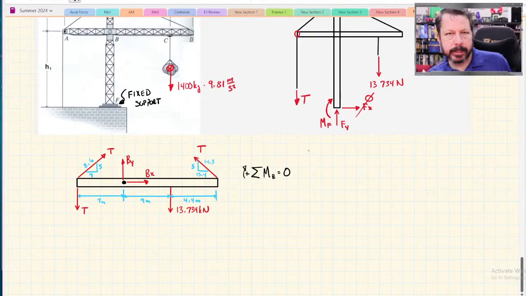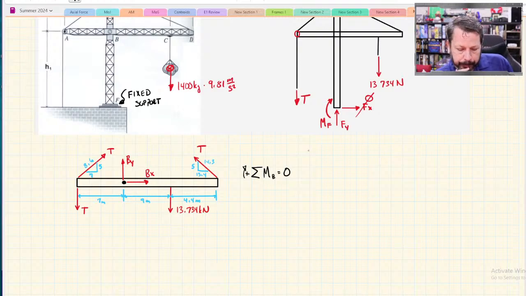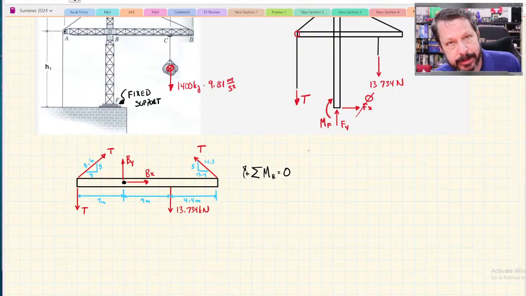I picked moments about B. That follows my general rule of do moments about the pin or a pin, because if it has 2 unknown things there and you do moments about that point, you just eliminated 2 of the unknowns and you can solve for the 3rd one. So this equation, even though it's going to have a bunch of pieces to it, should give us a value for t.